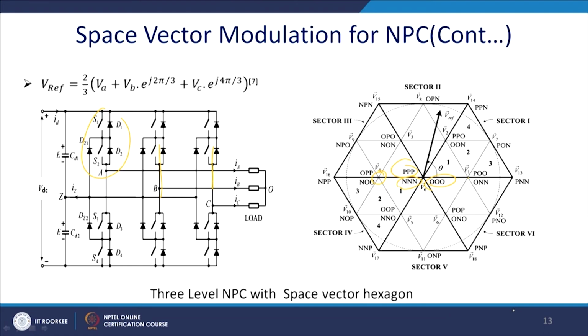Considering the phases A, B, C, and till this 180 degrees, you can see here that from this point phase A gets positive, and till this time it stays positive.